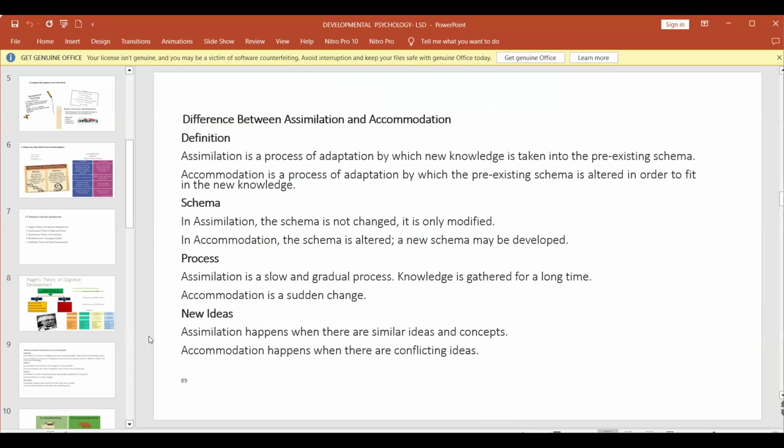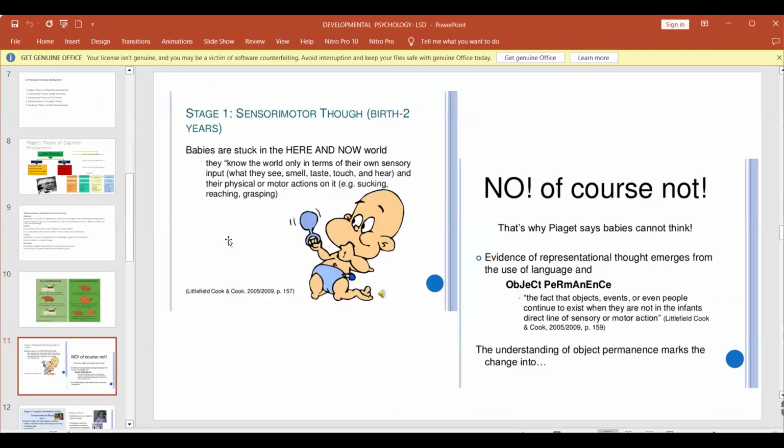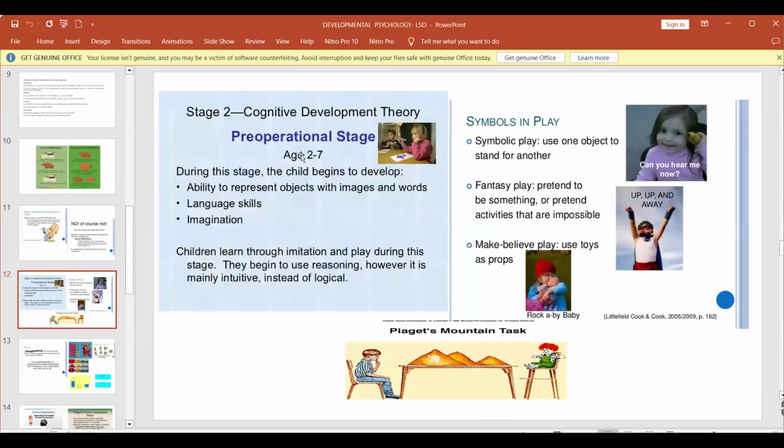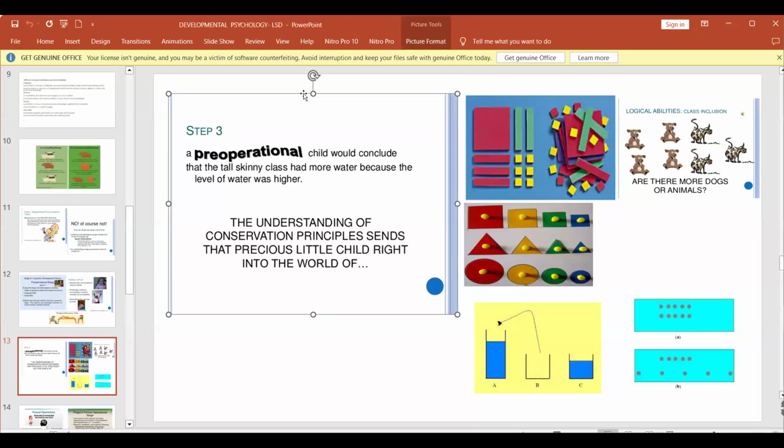So how does cognitive development happen in the third stage? Through concrete experiences. This is actually wrong, the third stage is not pre-operational. It is actually concrete operational, right?